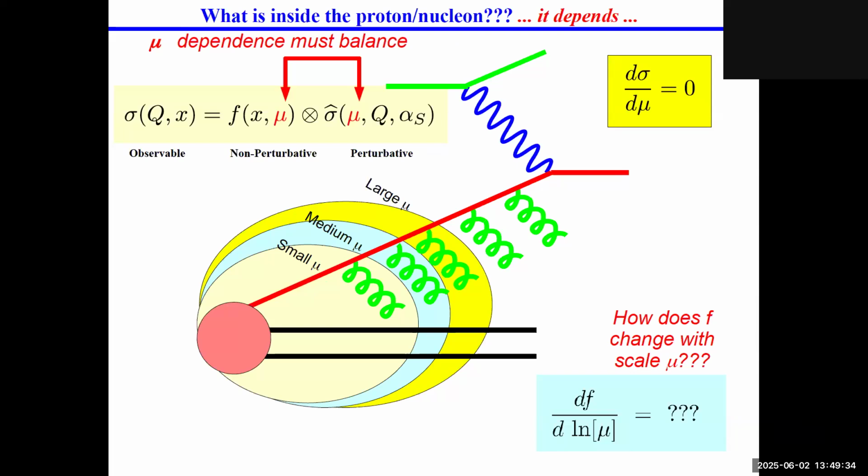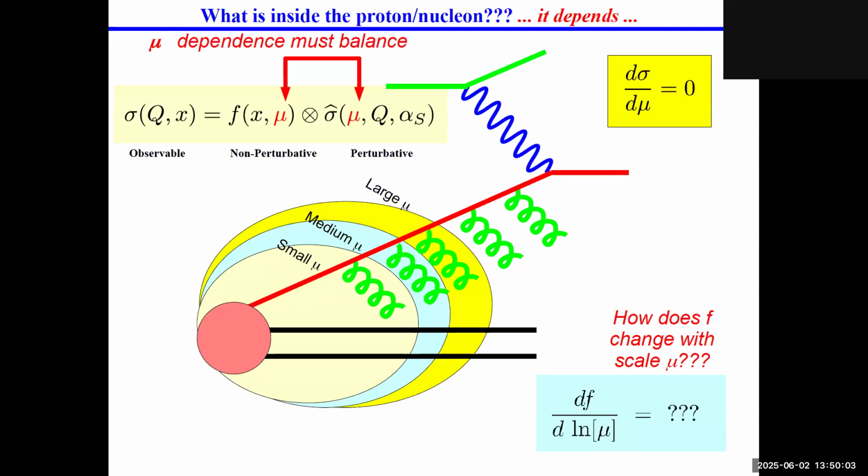But the thing I can't calculate perturbatively is this big mess here, this non-perturbative bunch of all the stuff going on inside a proton, or if it's a nucleus, the EIC. That's what I can't calculate. So what I'm going to do is chop the problem in two parts. I'll work out the partonic scattering cross section, the sigma hat, that I can calculate perturbatively.